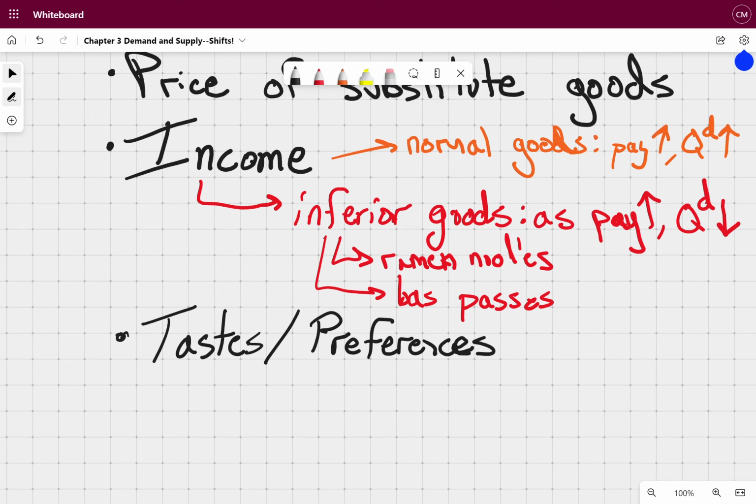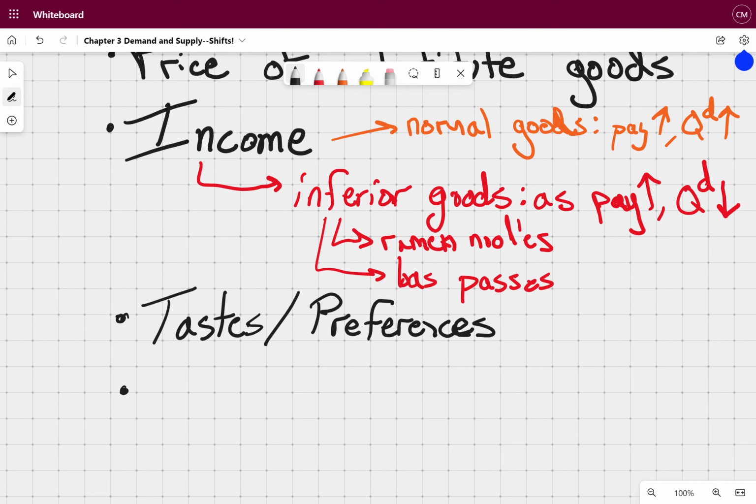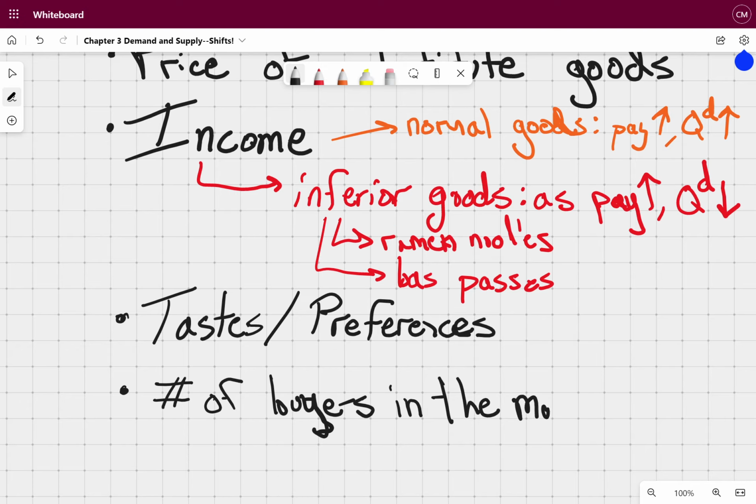Two more causes for shifts in demand. One of the ones which is fairly straightforward is number of buyers in the market. So, obviously globalization, right, has expanded the amount of international trade. And so these markets that we have are much larger than they were 30 or 40 years ago.